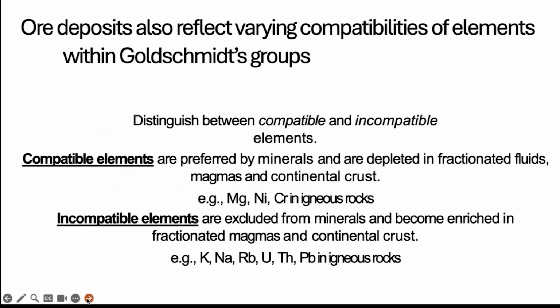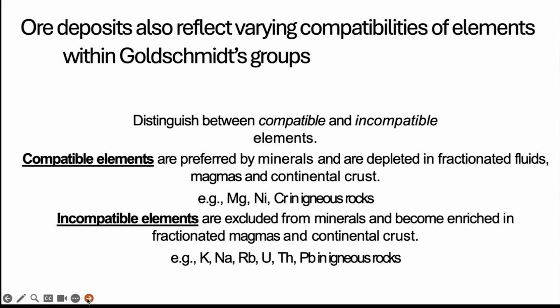Now, we can also talk about how these elements behave in melts and fluids. So we're going to talk a lot about fluids and a little bit about melts. But in these processes, it's useful to talk about compatibility of elements. And compatibility means the likelihood that it's going to go to a certain mineral. So let's think about the petrogenesis of basalt.